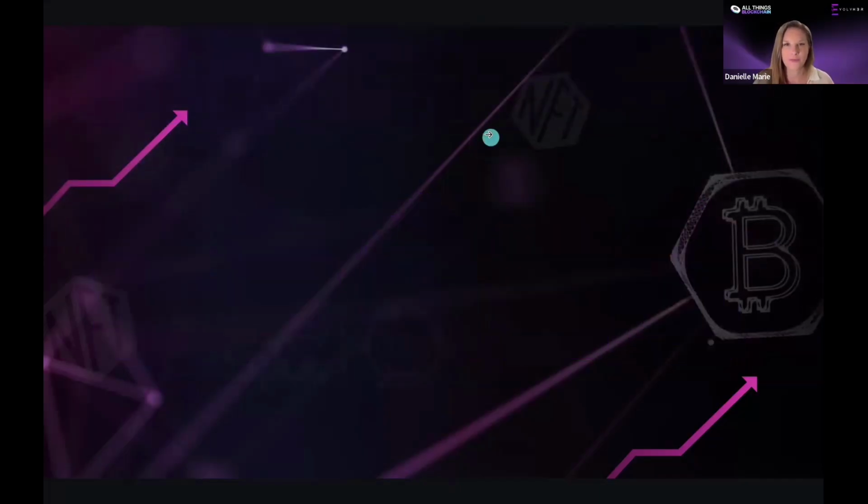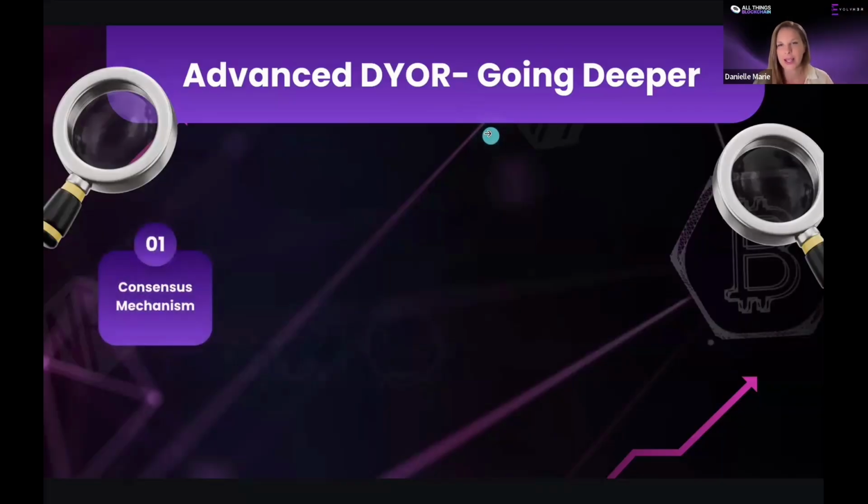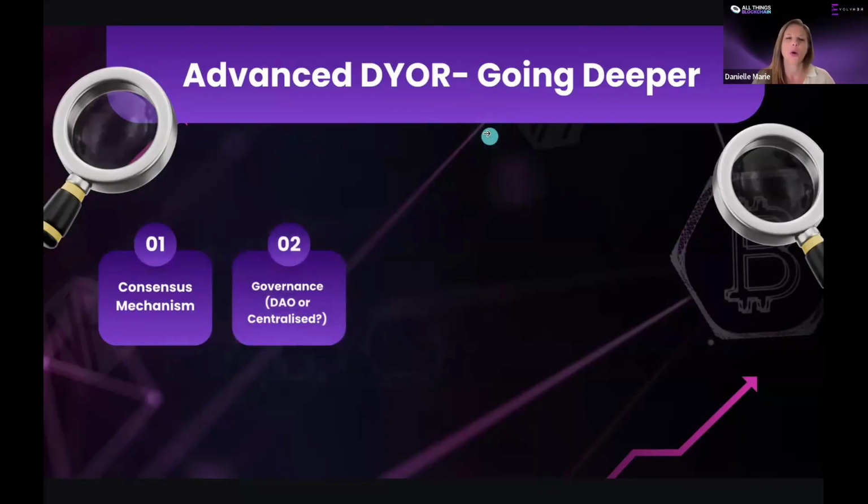Now, there is some more advanced research that you could go a little bit deeper into. That first slide is the main things you need to be researching, especially if you're thinking I might work for this company, or I'm looking at investing and speculating and buying some tokens. What consensus mechanism are they using?